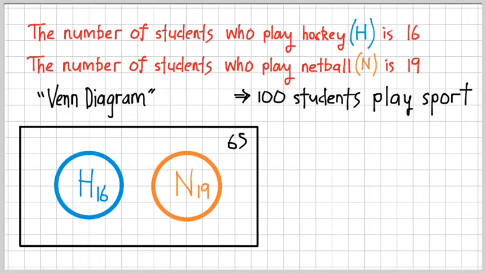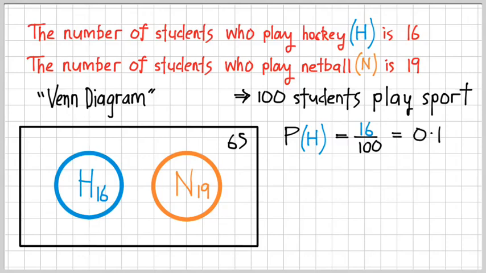So what we can do from this point forward is calculate some probabilities. So we're going to calculate the probability of a student playing hockey. And that equals 16 divided by the total number of outcomes, or the total number of students in this case, which is 100.